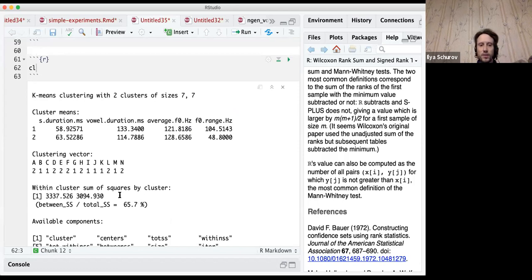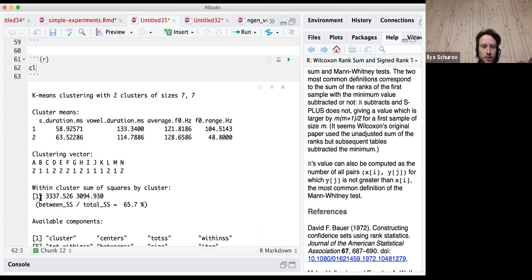And it gives me this value. It says that this is sum of squares within each cluster, and this is sum of squares between clusters.